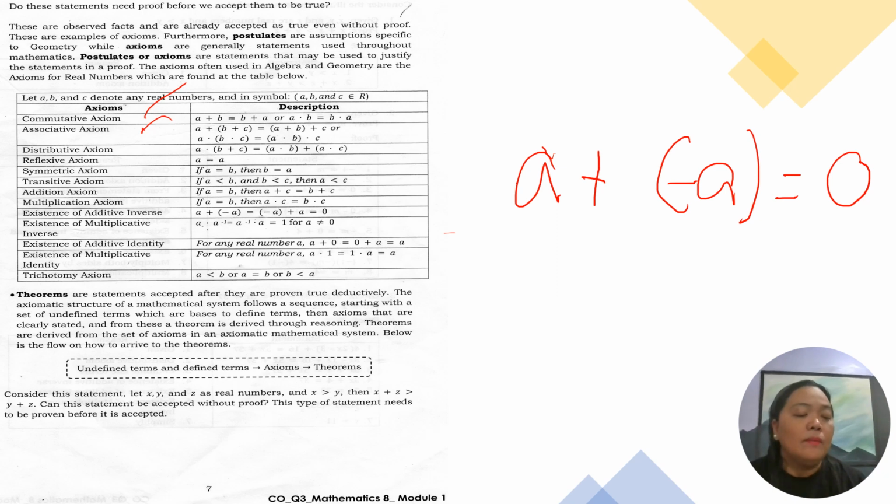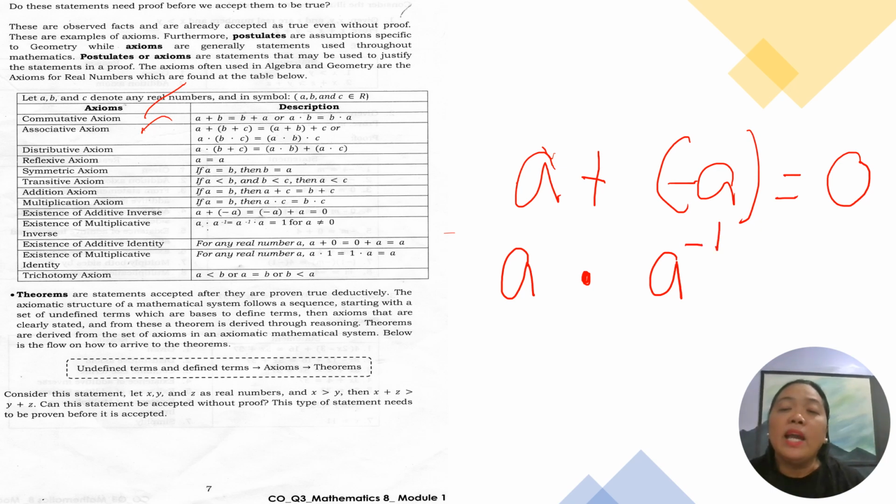For example, A. What should be multiplied to A in order to get the product of 1? A will be multiplied by its multiplicative inverse, which is A raised to negative 1.